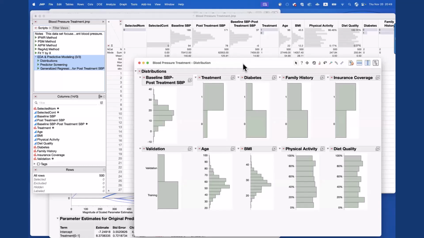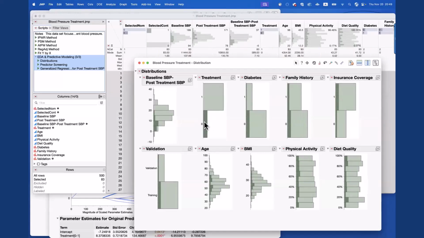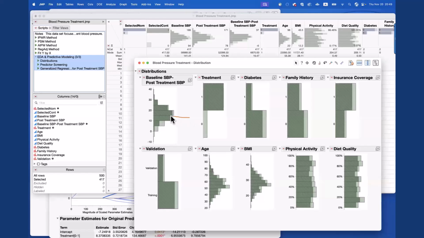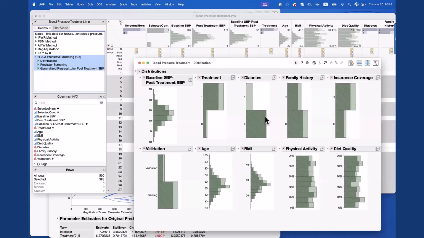That's the mean drop over the whole data set. But as I select things here, that mean's going to change. And so if we look at the treatment group, that mean is 16.47 for them and 7.10 for the baseline group. So that's encouraging. And we can see that over here looking at these distributions. You can watch that mean shift down. So, okay, that's interesting. Let's look elsewhere.